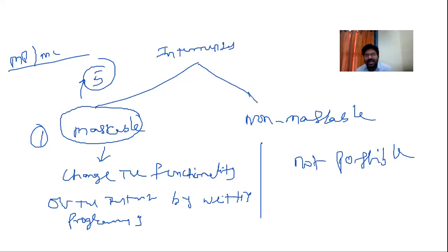Now another case is non-maskable. Non-maskable means you cannot change that functionality; even though you are writing the program, you are not at all changing the functionality. Take the best example: once again you are playing the game and at the same time listening to the music. Suddenly you get a call from your friend or some other person.